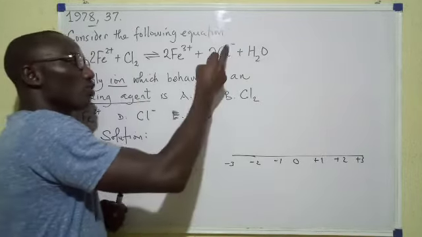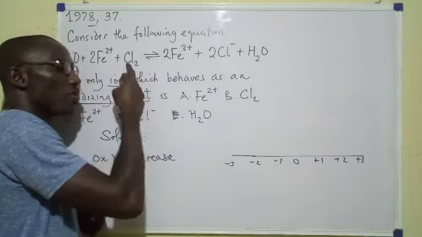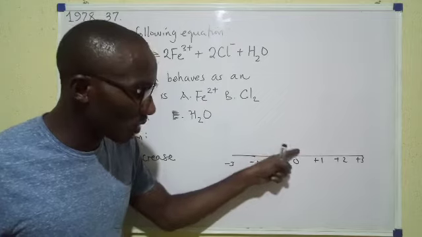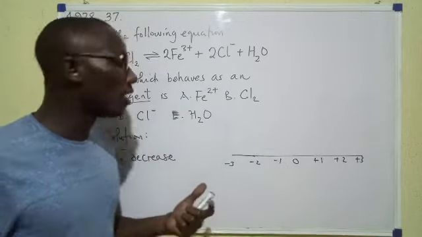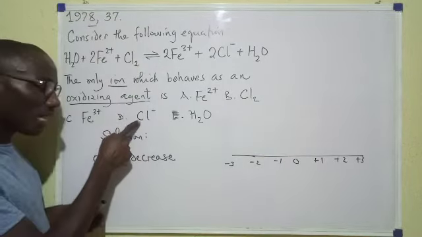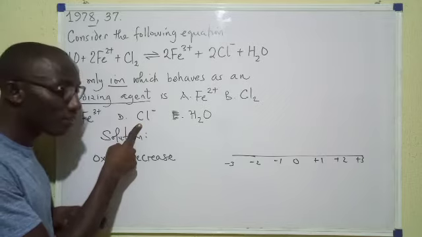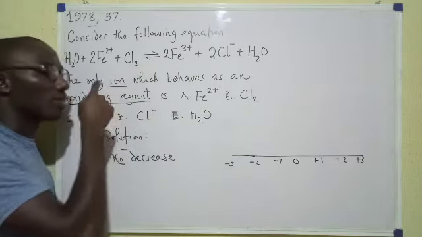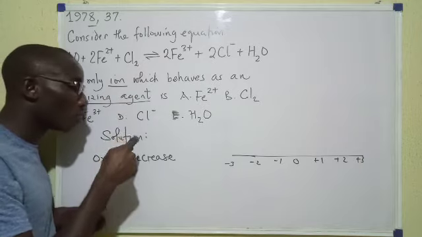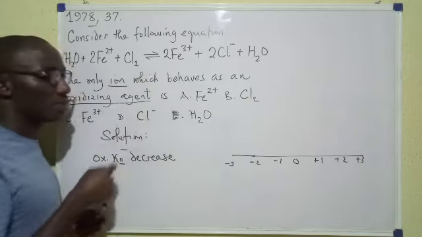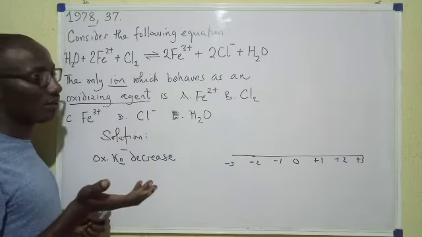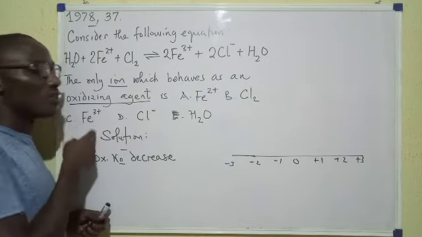Alright, so Cl goes from -1 to 0, and looking at our number line from -1 to 0, that's an increase. So it means that for this other ion Cl minus, which goes from -1 to 0, its oxidation number has also increased. Then the last one we have, which of course is our answer, is Fe3 plus.